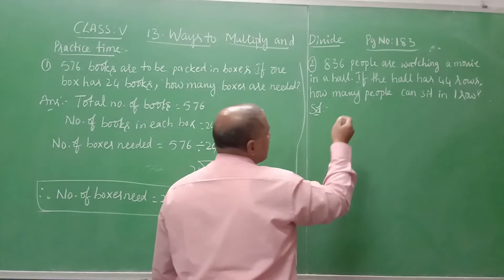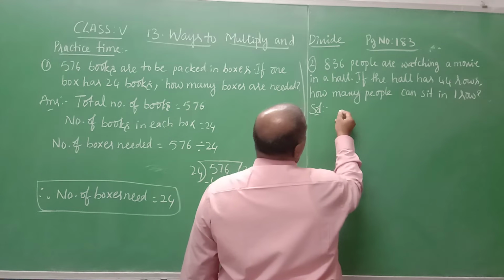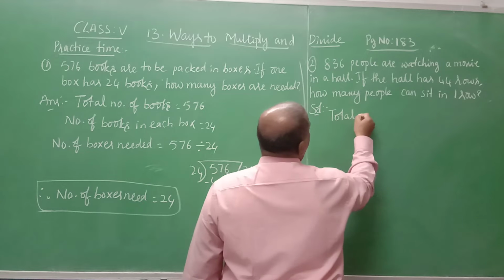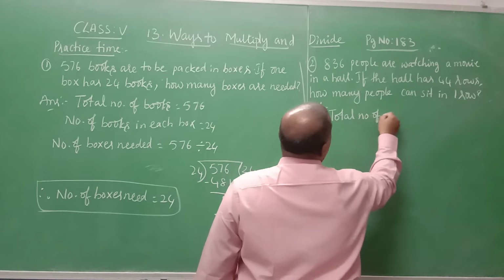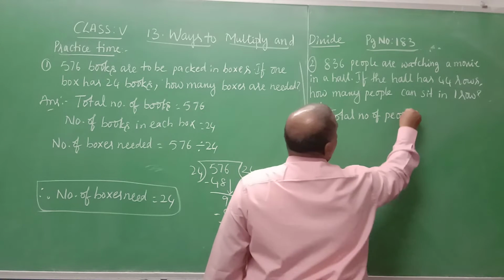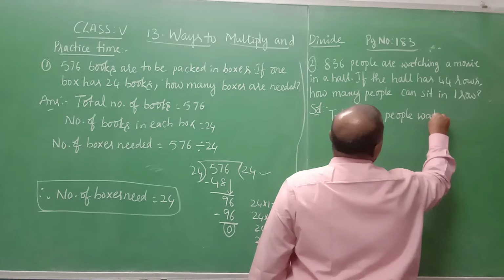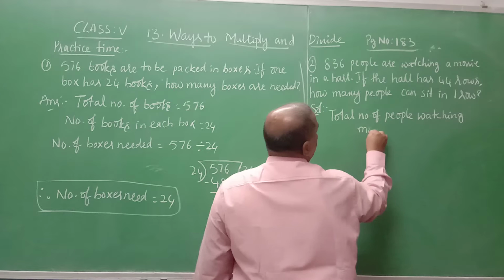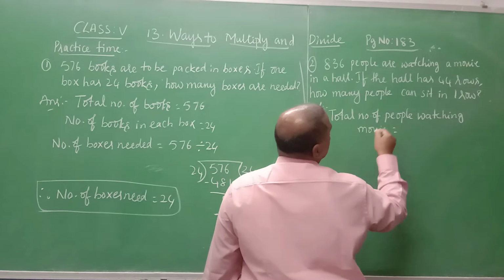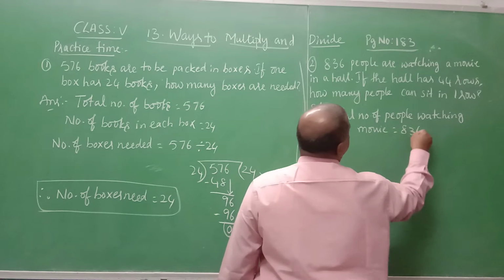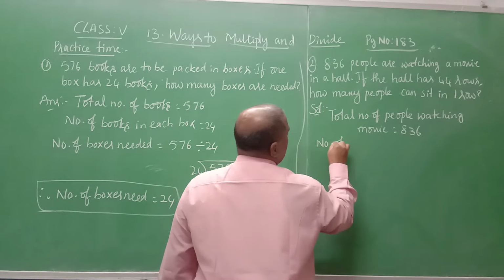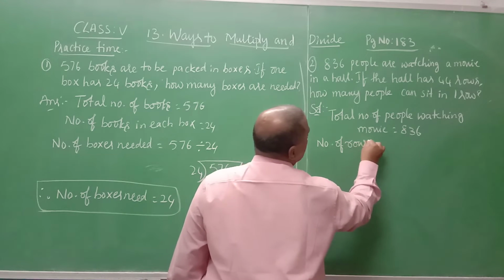Now check it here. Total number of people watching movie is equal to 836. Number of rows. How many rows are there?